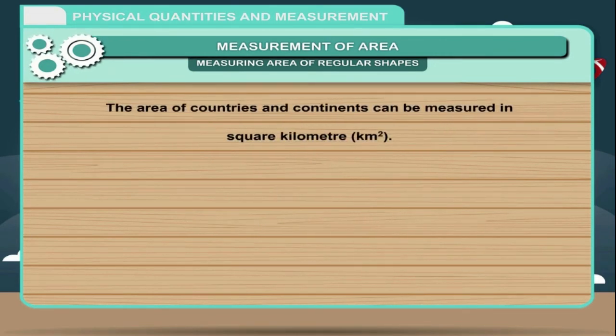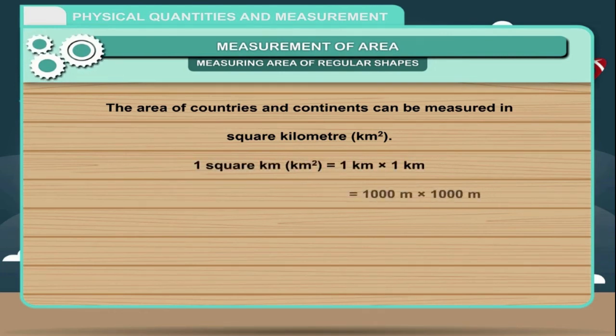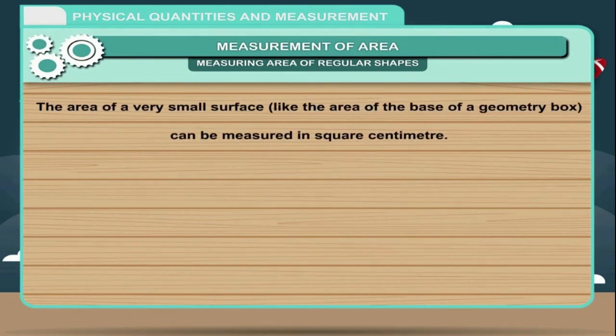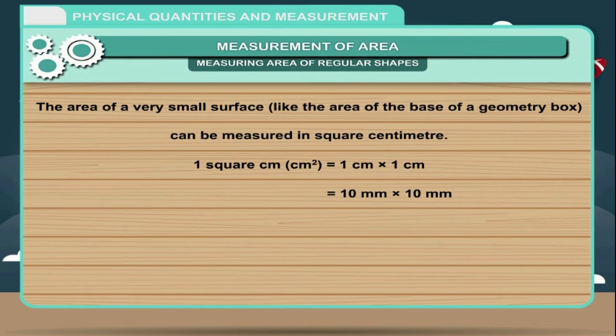The areas of countries and continents can be measured in square kilometers. 1 square kilometer is equal to 1 kilometer into 1 kilometer, which is equal to 1000 meter into 1000 meter. The area of a very small surface, like the area of the base of a geometry box, can be measured in square centimeter. 1 square centimeter is equal to 1 centimeter into 1 centimeter, which is equal to 10 millimeter into 10 millimeter, which is equal to 100 millimeter square.